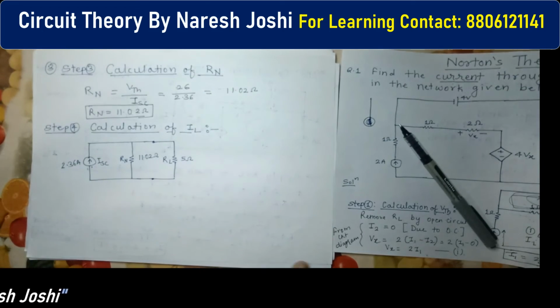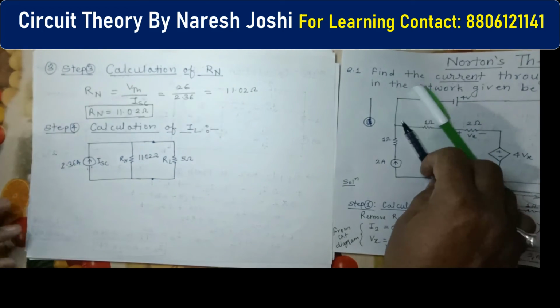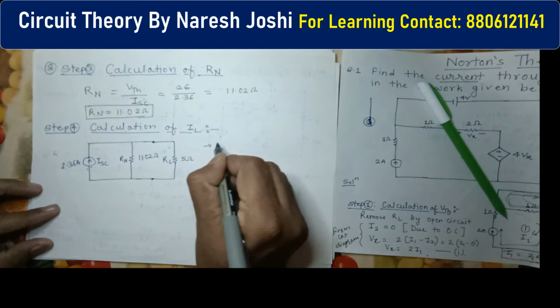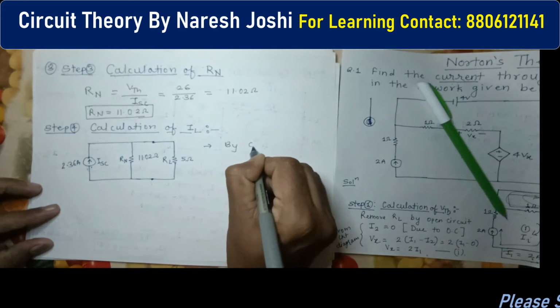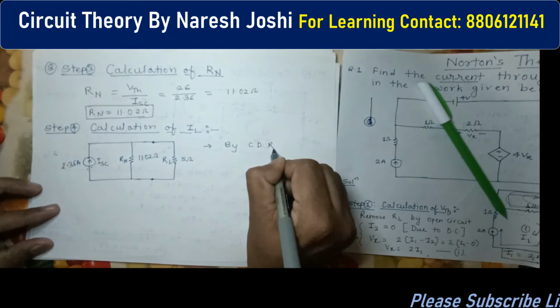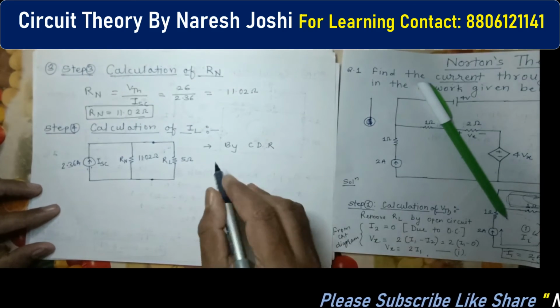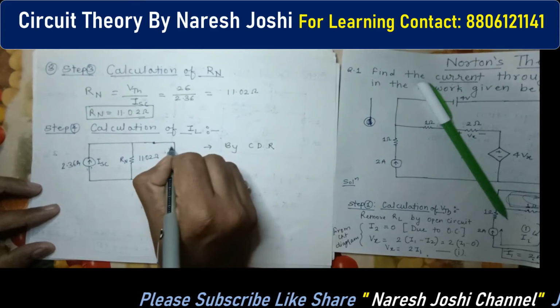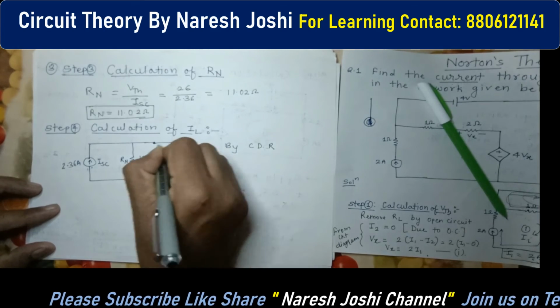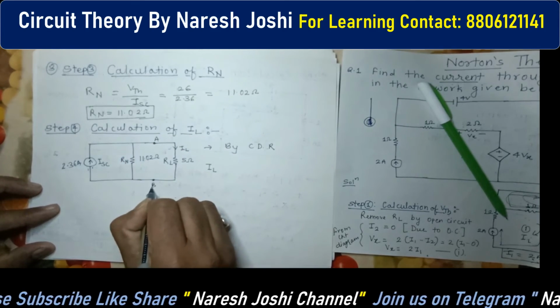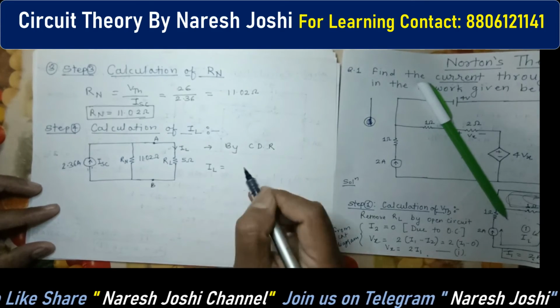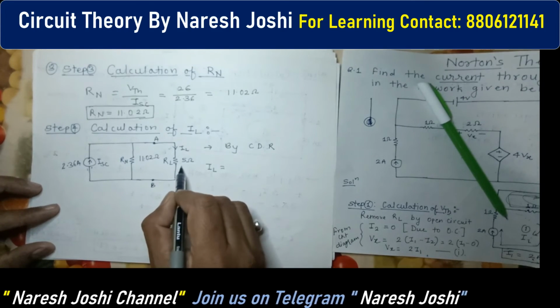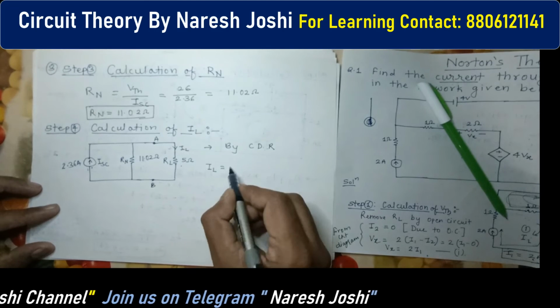Now we have to apply the current division rule, CDR. In this case we have to find out IL, between our A and B branch, the current passing through 5 ohm.